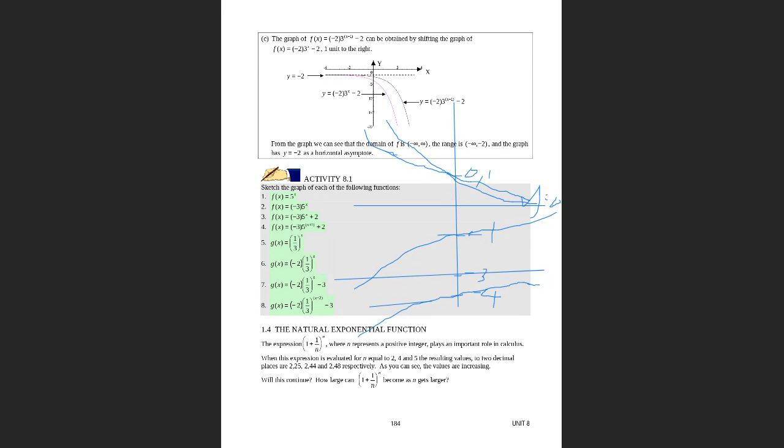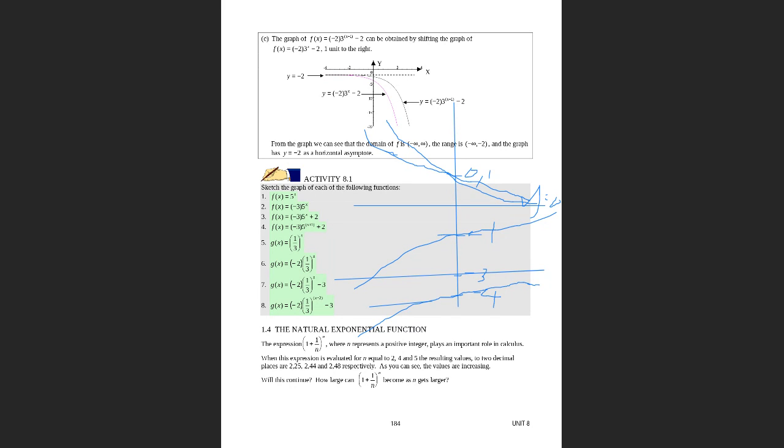Yes, Zulu. I just want to make sure, if we multiply the base with, like in number 8, if you multiply the base with -2, the graph would expand, right? Yes.